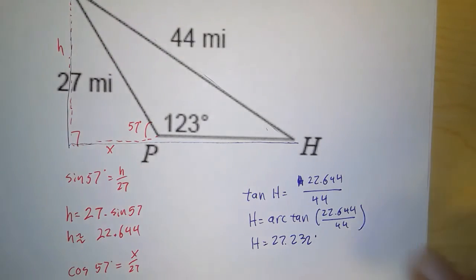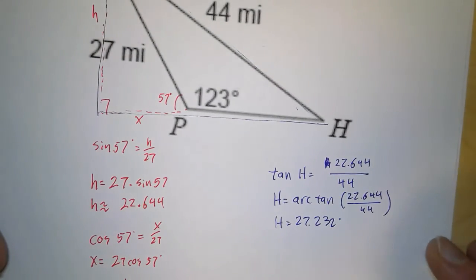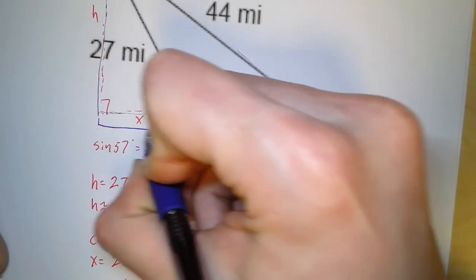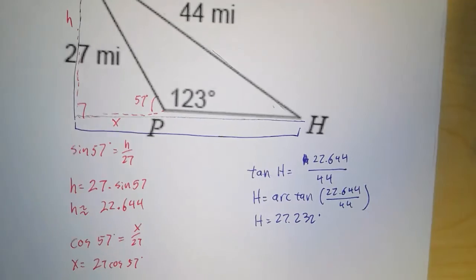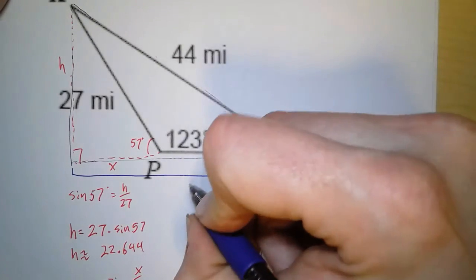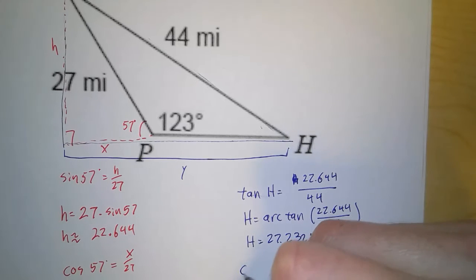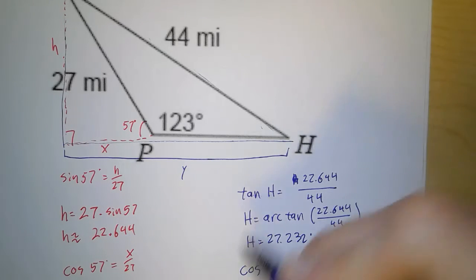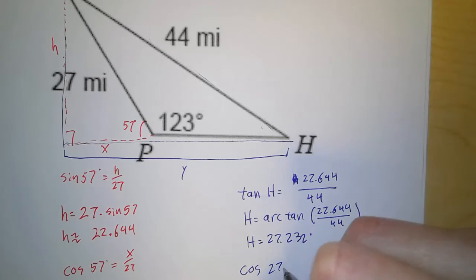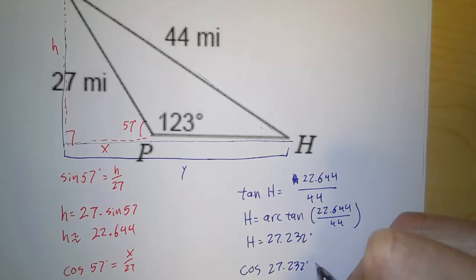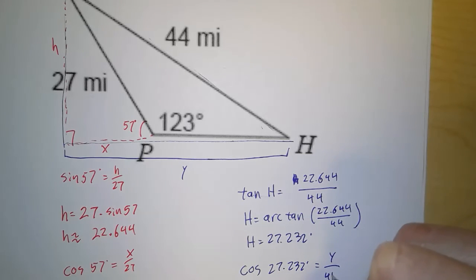So what that allows us then to do is find this length right there, and we'll call this length y. So cosine, because y is adjacent to H, of 27.232 degrees equals y over 44.